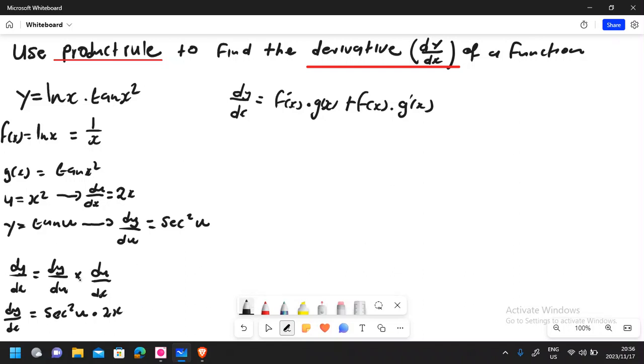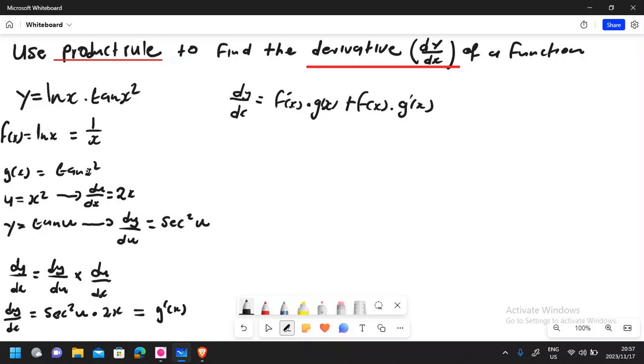Now we managed to derive g of x. So this is the same as g prime of x. Do you guys get it? g prime of x means the derivative of this one here.